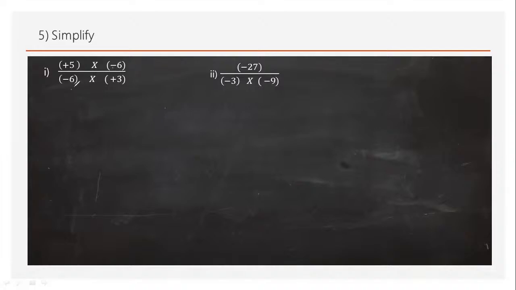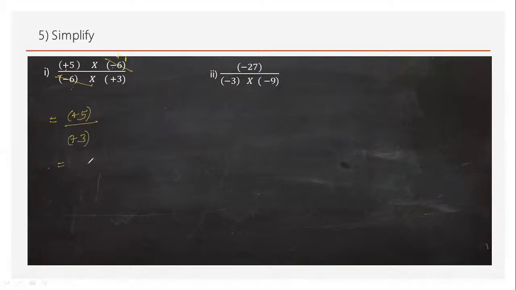Then minus 6 divided by minus 6 is plus 1. Then remaining here plus 5 and plus 3. Then plus 5 divided by plus 3. What is the answer? Plus 5 times plus 1, plus 5 over the line, divided by plus 3.